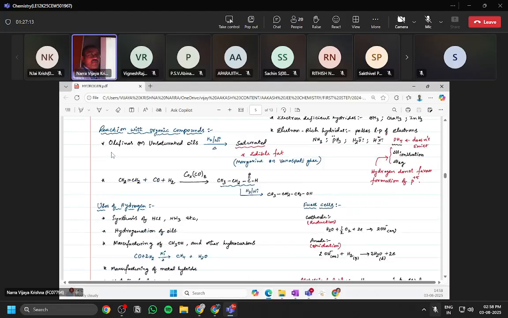Alkenes with carbon monoxide and H2. What is this? Water gas or not? Alkenes react with water gas in the presence of Co2(CO)8. Then what you got? Aldehyde. Correct? Hydroformylation of olefin. This is also called producer gas because it is used in the production of different organic compounds. Syngas, synthetic gas, used in synthesis of different compounds. Producer gas will have nitrogen also in it.